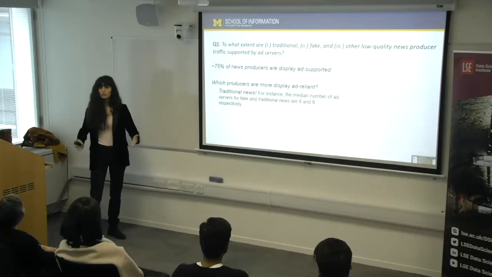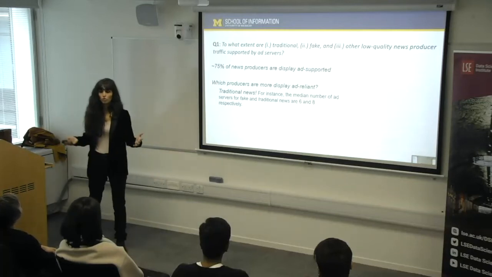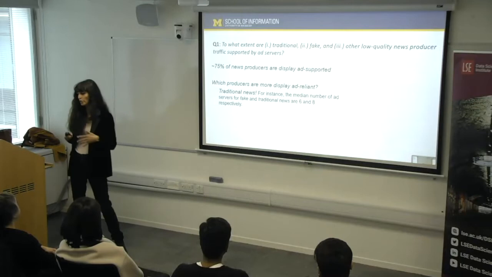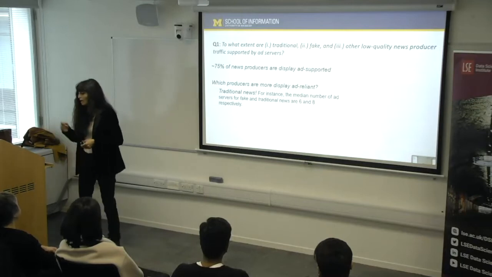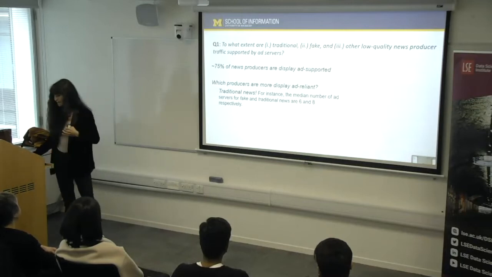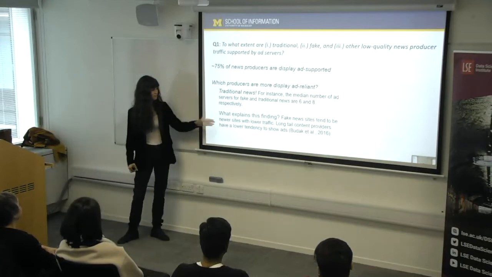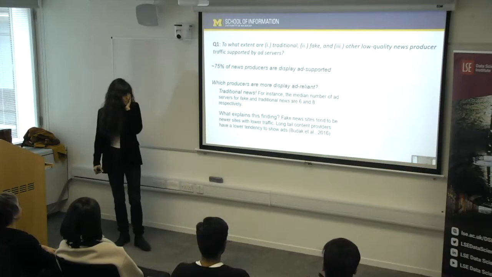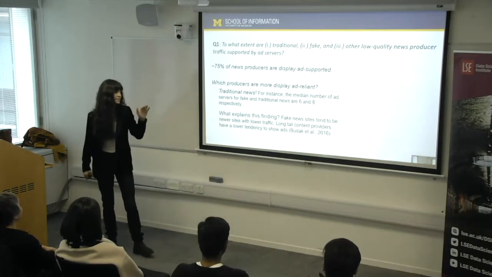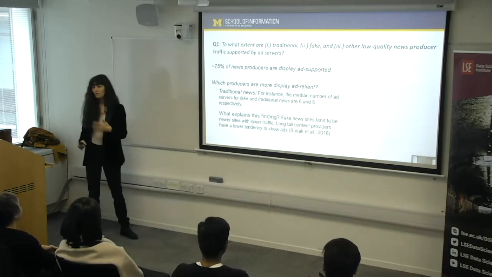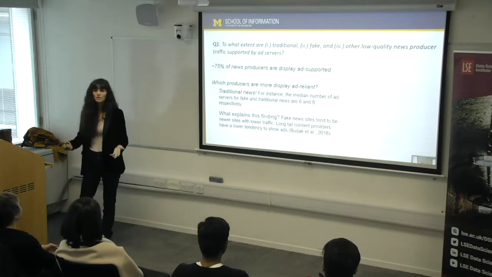So traditional news is showing you more ads, and working with more ad servers as well. But I should have seen that coming, because the answer was in my paper a couple of years back: long tail content providers have a lower tendency to show ads, mostly because they can't monetize.